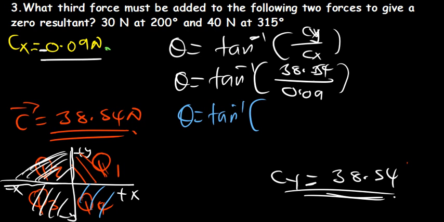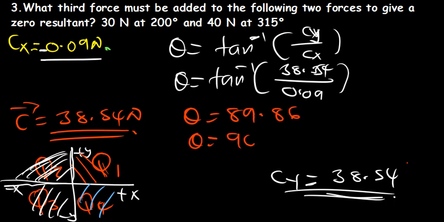On my calculator, I click shift, then tan, open brackets, 38.54 divided by 0.09. I'm getting my angle to be 89.86, which is the same as just 90. I can just say the theta is equal to 90 degrees.